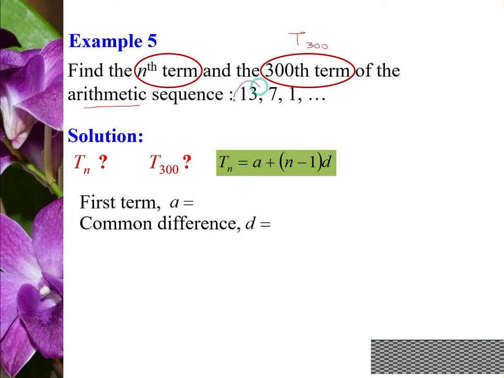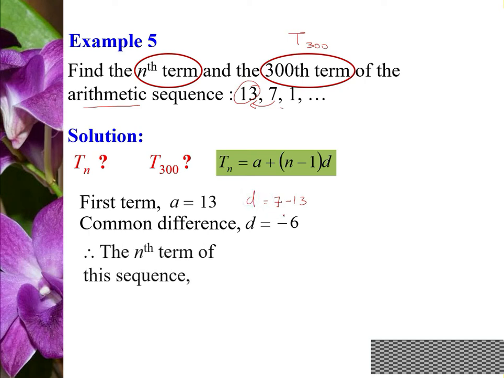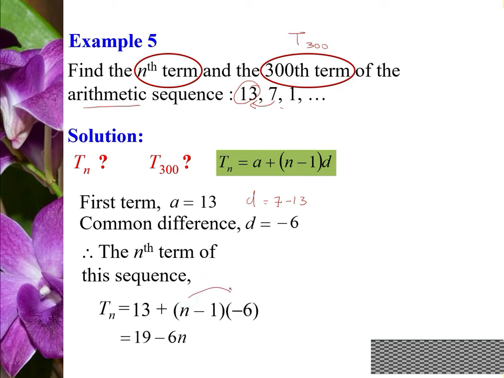The first term is 13. For the common difference, just find 7 minus 13, or you can also choose 1 minus 7, whichever you like. So let's say you chose 7 minus 13, and the answer is negative 6. Next, just substitute in the values a and d into this Tn formula and simplify. Don't forget, you have to expand before you simplify.